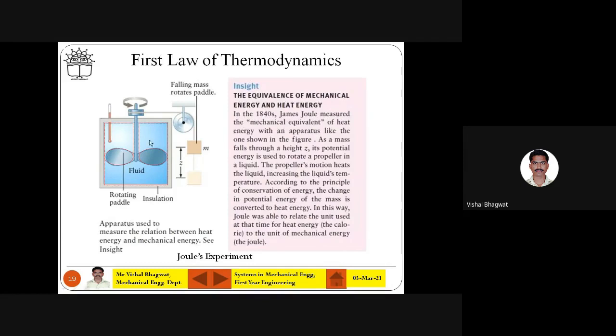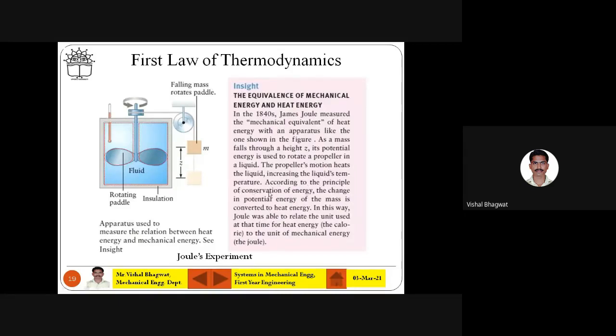So this is the mechanism, the apparatus as shown in the figure. As a mass falls through a height z, its potential energy is utilized to rotate the propeller in the liquid. The propeller's motion heats the liquid and increases the liquid temperature, and it is sensed by the thermometer.